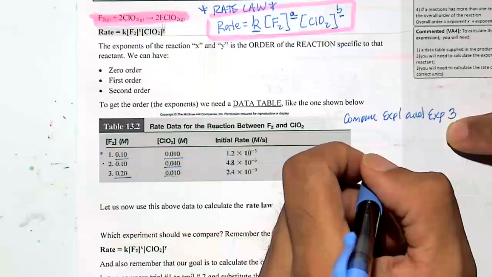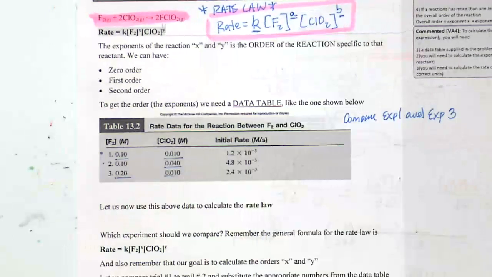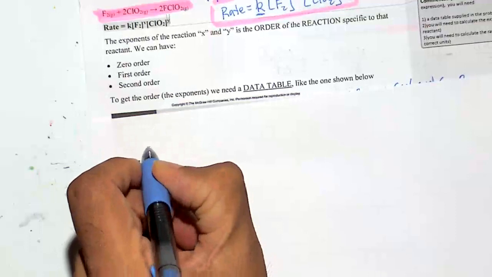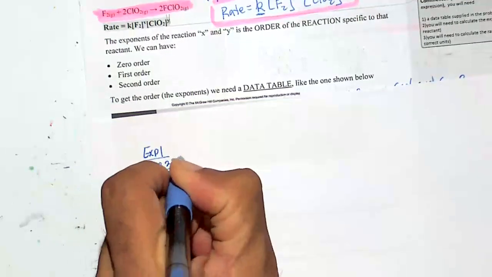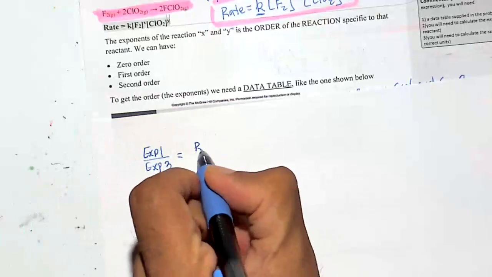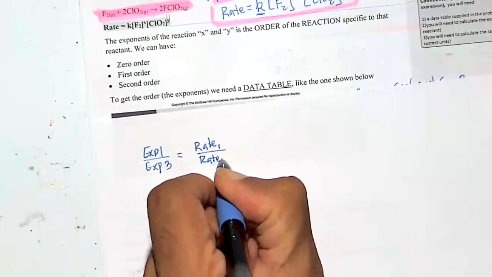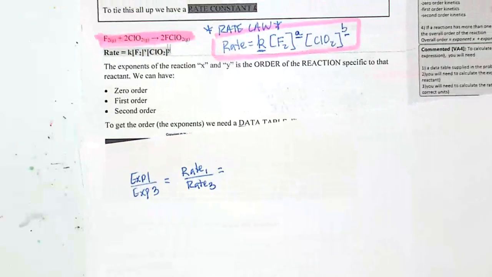So we're going to do this: experiment 1 and experiment 3. Let's just use a fresh sheet of paper here, comparing experiment 1 to experiment 3. That is rate 1 over rate 3. What does the rate law equal?